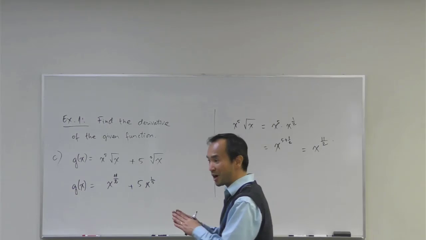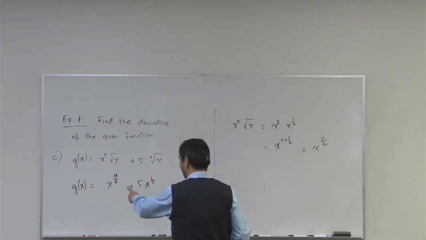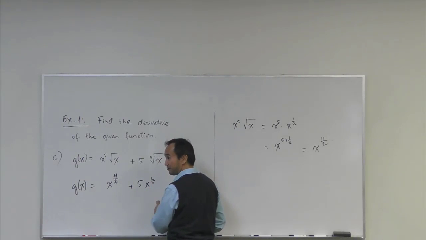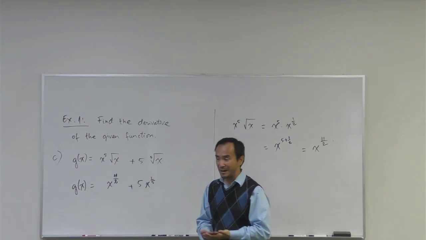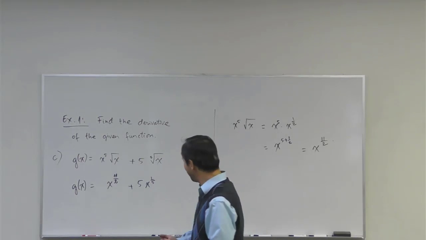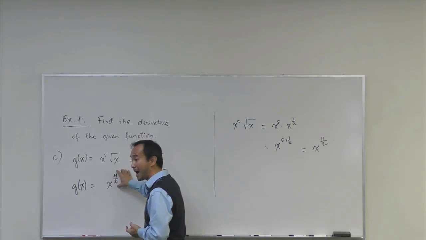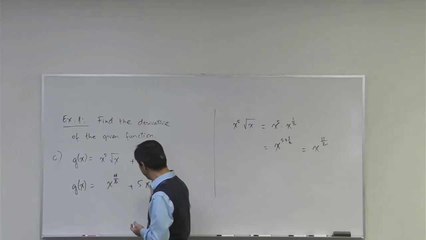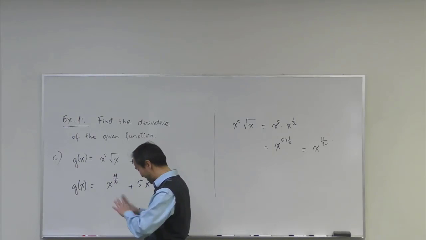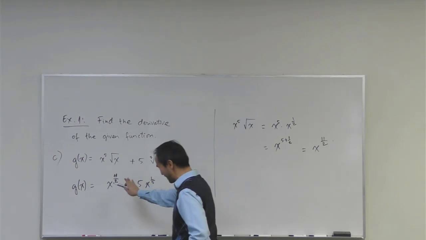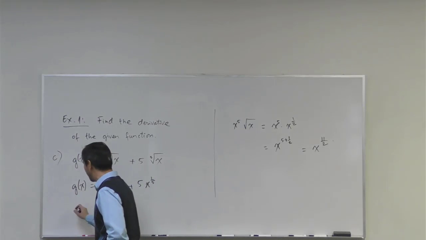So now every term is displayed as a power function. You see the routine that we've been doing? Because we only learned the power rules, in every term of our problem, we express it as a power of x, maybe with some coefficient. And once we get past that point, everything else will be easy.